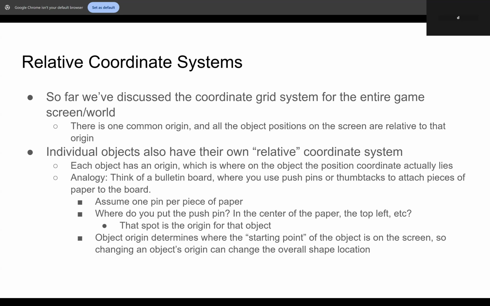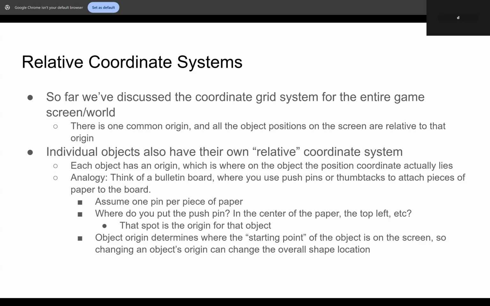So when we're talking about each object having a position, you want to think about what part of the object that position is on, right? And that's what the origin would be. As an analogy in the real world, think about a bulletin board, one of those boards where you can put pieces of paper, and you usually attach it with a push pin or a thumbtack.